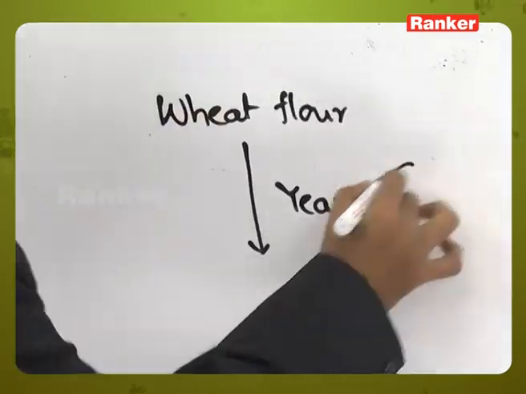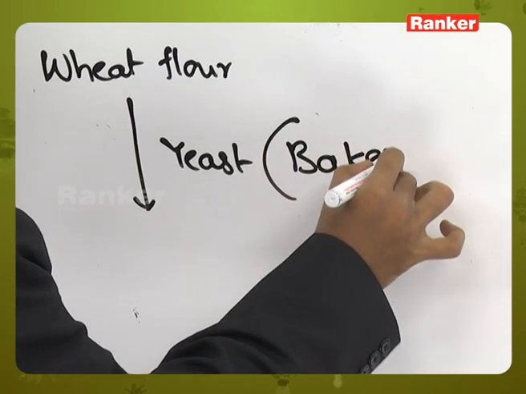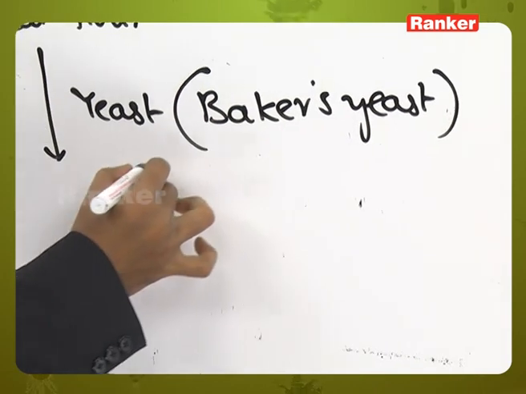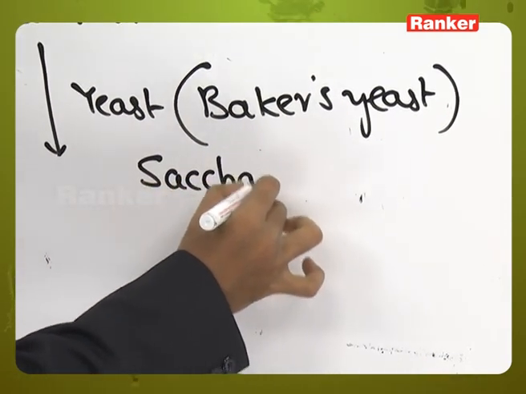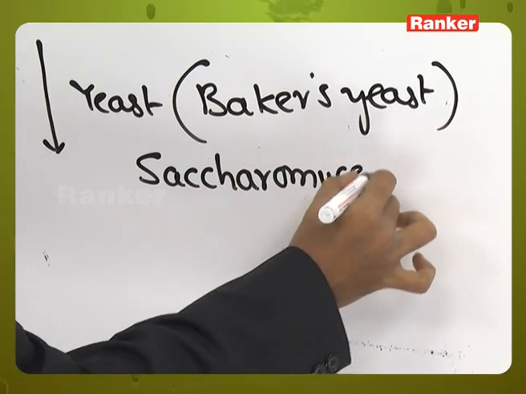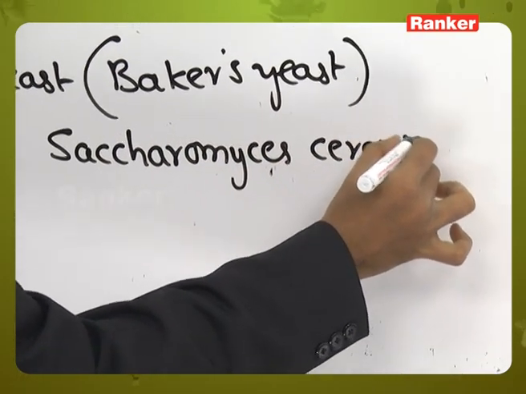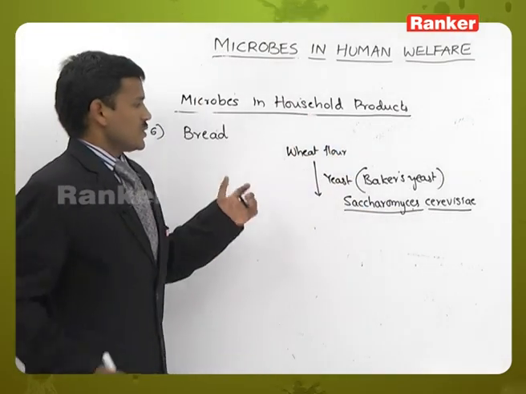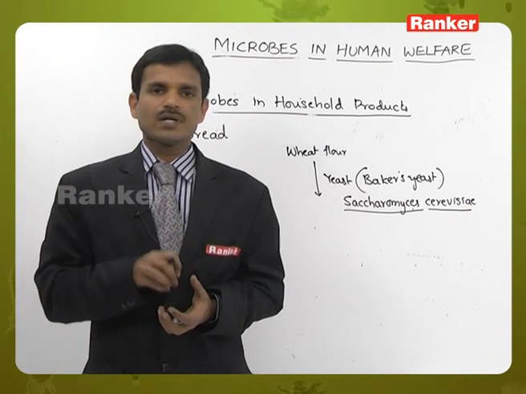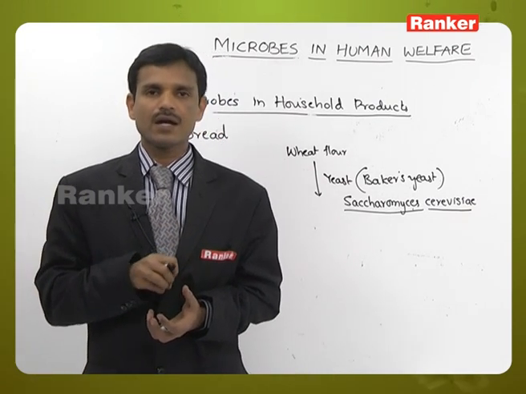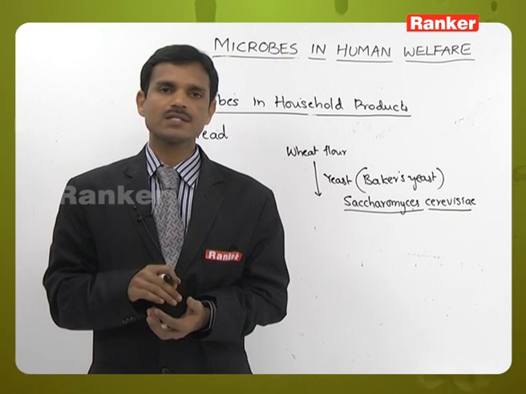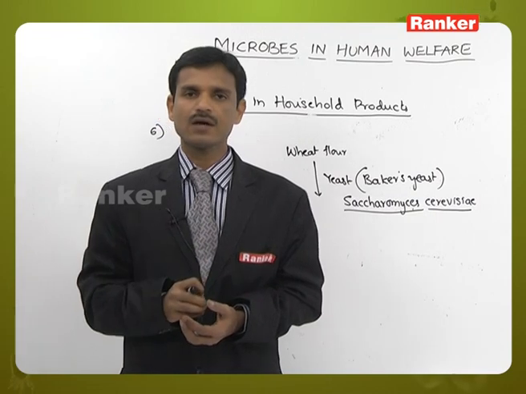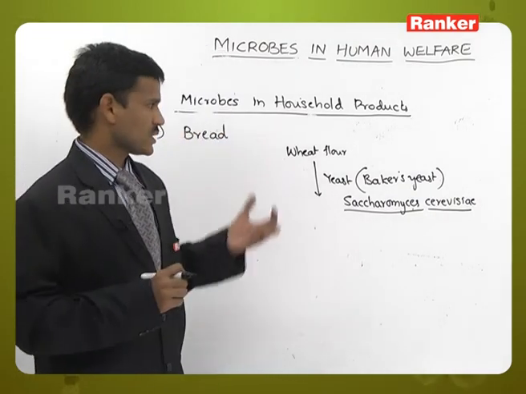The yeast is also called baker's yeast. During the fermentation process, carbon dioxide is produced and ethanol is also produced. The carbon dioxide evaporates during the baking process, and a slight amount of ethanol or alcohol is present in the bread.